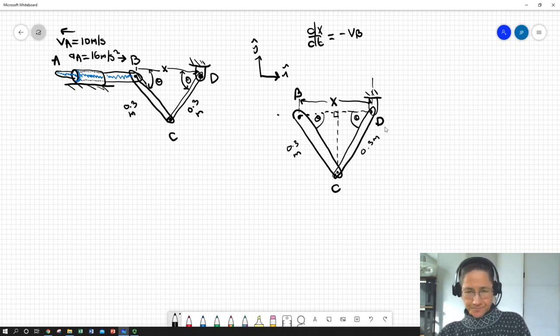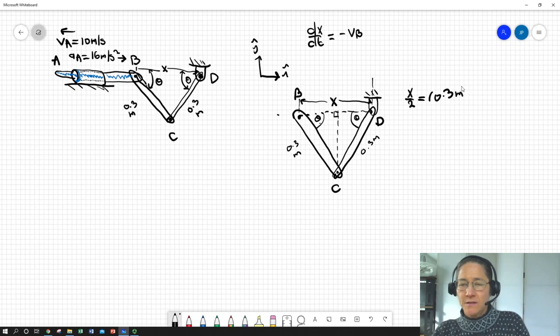So we can get a relationship between x and theta. In this case, x over 2 is equal to 0.3 meters times cosine theta, just plain old trig.